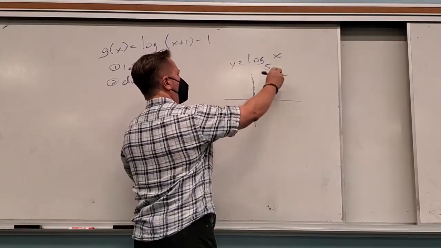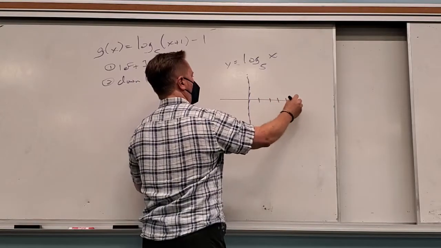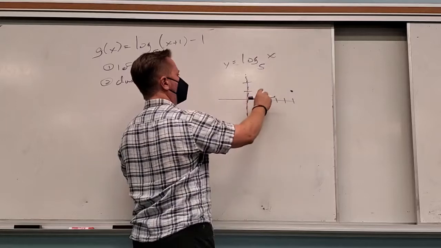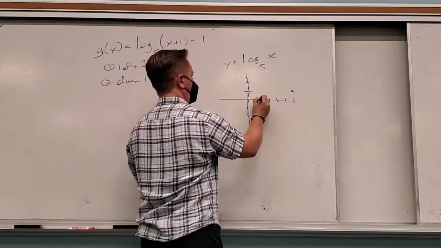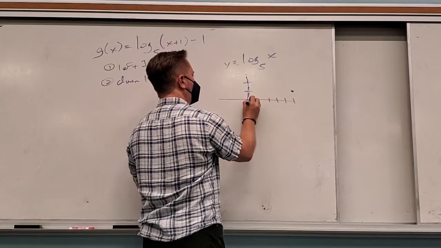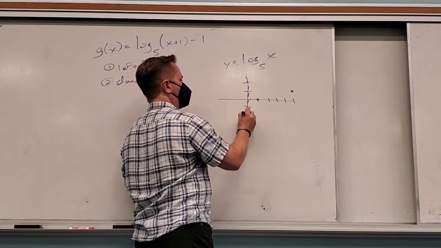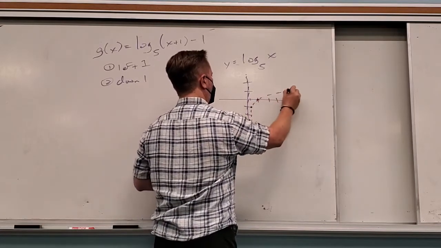Right, and then if I put a 5 in, what do I get? 1. If I put a 1 in, what's log base 5 of 1? 0. If I put a 1/5 in, what's log base 5 of 1/5? -1. So here is the base function.